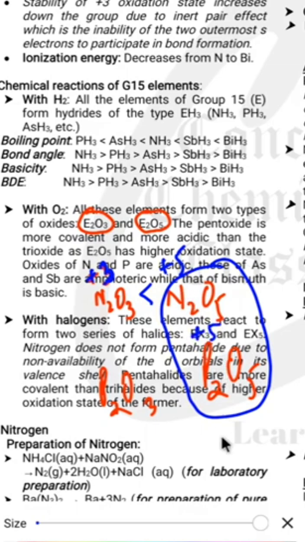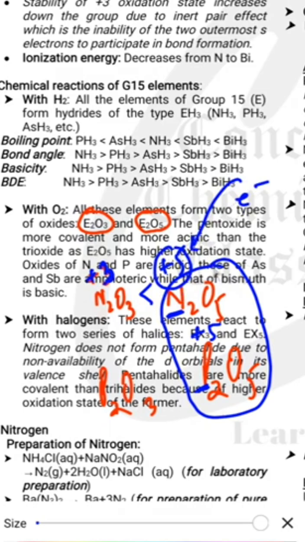So between these two pentoxides, which one will have more acidic as well as more covalent nature? That depends upon the electronegativity of nitrogen and phosphorus. Nitrogen has higher electronegativity than phosphorus, so therefore this N+5 will have higher tendency to accept electrons.